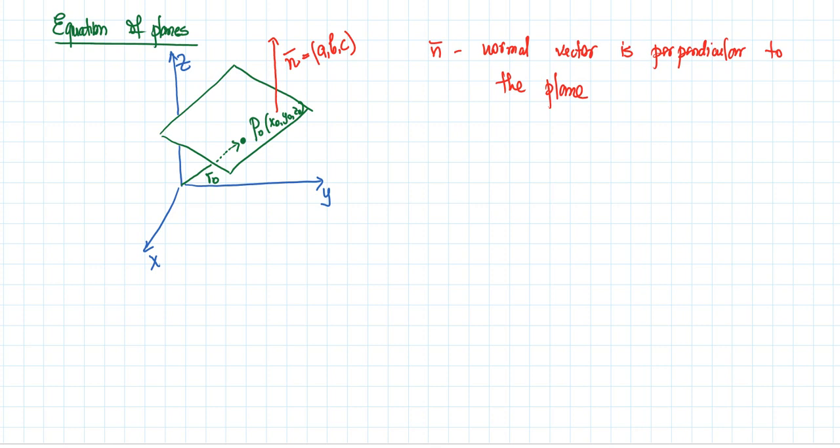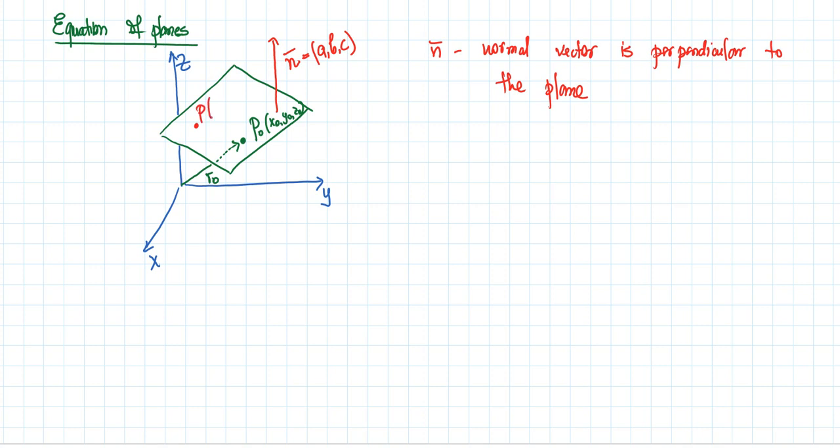What does it mean when we talk about the equation of the plane? It means that we would like to figure out some rule that allows us to find all the points on this plane, or all the vectors which are pointing onto the points on this plane.